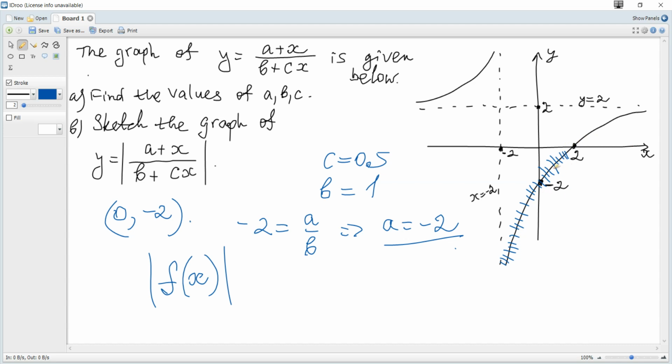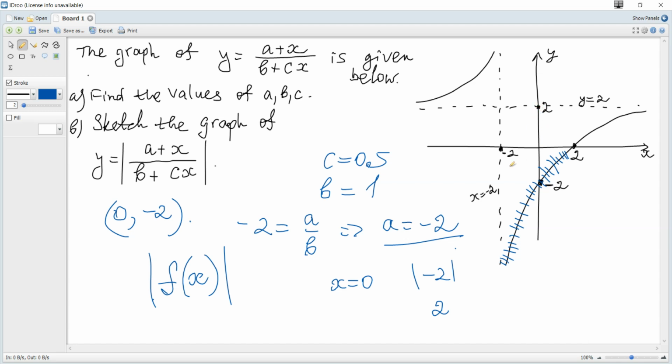For example, initially it was (0, -2), and according to the absolute value, now for x = 0 we get the absolute value of -2, which is 2. So this point becomes here.